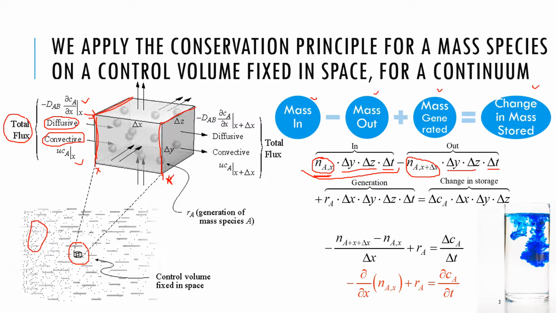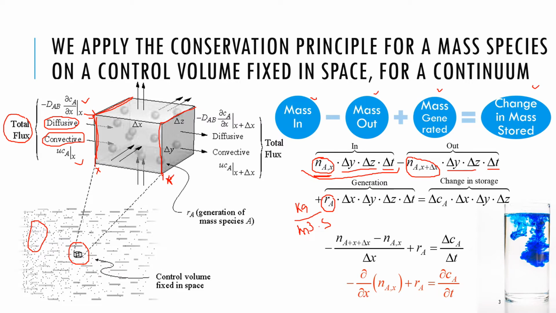Then there is generation. What is the meaning of generation? RA is the generation per unit volume per unit time, so it's like kg per meter cube per second. What is this generation thing?